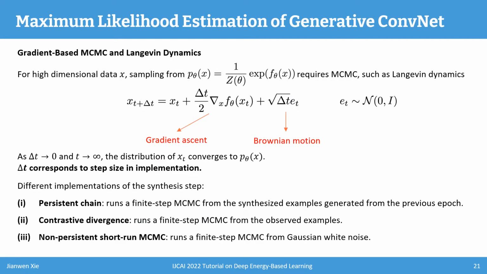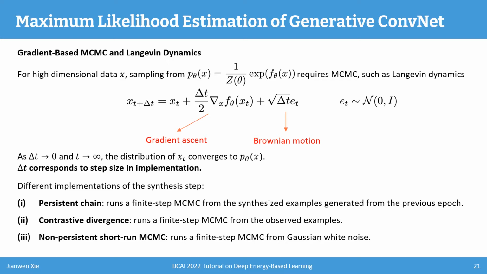Now we shall study Langevin dynamics, which is a gradient-based MCMC method that is important and useful to compute the gradient of the log likelihood. For high-dimensional data x, sampling from the distribution p(x), which is in the form of an energy-based model, requires MCMC, such as Langevin dynamics. The Langevin dynamics is a stochastic gradient ascent algorithm that finds data x to maximize the function f.